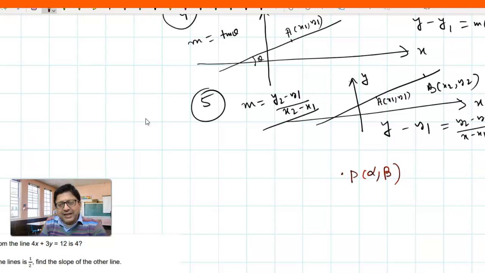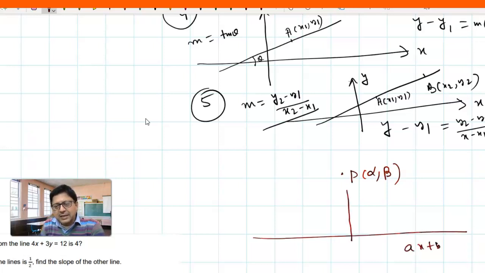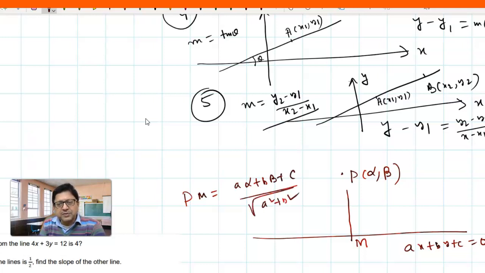If the point given be alpha beta and the line is say ax plus by plus c equal to 0, if the foot of perpendicular is m, then PM is going to be equal to a alpha plus b beta plus c by under root a square plus b square. Always you put a mod sign before. Okay, so the distance cannot be negative, that's why we will be taking lines in this form.